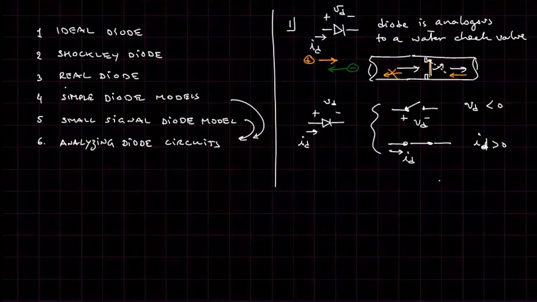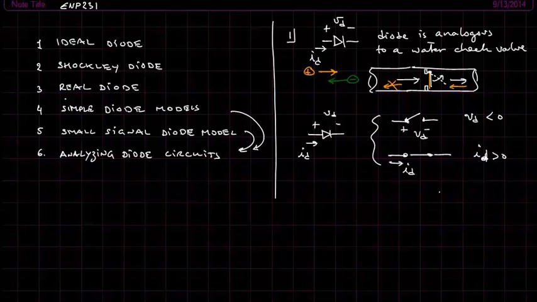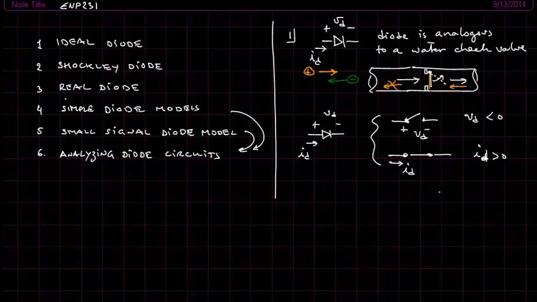And so when we solve circuits with this ideal model, we will replace the diode with either an open circuit or a short circuit. And of course the trick is that you need to choose the right one. And we use the technique of solution by assumed state. So you just assume one state, solve the problem, and then determine whether or not the conditions for that assumed state are valid.